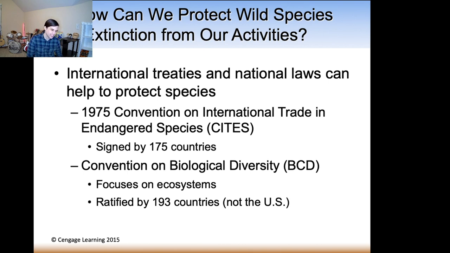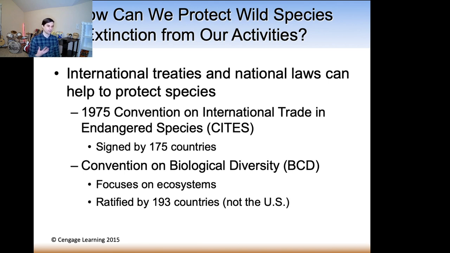So we have something called CITES right now, which was passed in 1975, which is the Convention on the International Trade in Endangered Species. 175 countries at the moment are signatories to CITES. And this is we won't harvest or allow anyone to bring or sell or export ivory or rhino horn from this country.